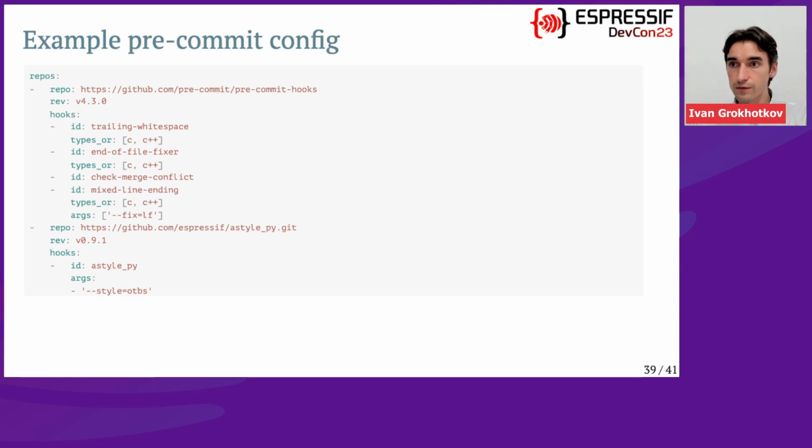In this case, we have some standard checks for line endings and other simple checks, and also C code formatting using AStyle. So with this pre-commit configuration, you can very easily make sure that all contributions to your project will be uniformly formatted.